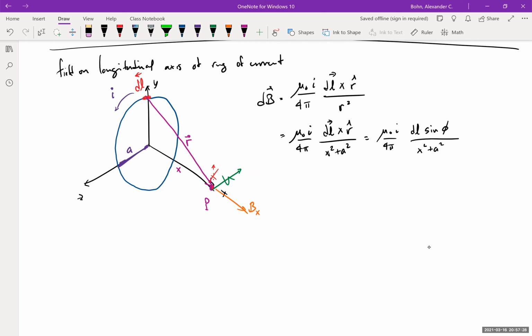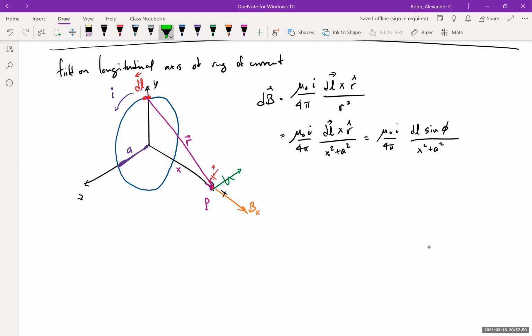dl is around a circle, right? It's tangential, and it lives in the YZ plane. Now, the point-to-point position vector, r, does have a component in the YZ plane, but that component is radial, right?